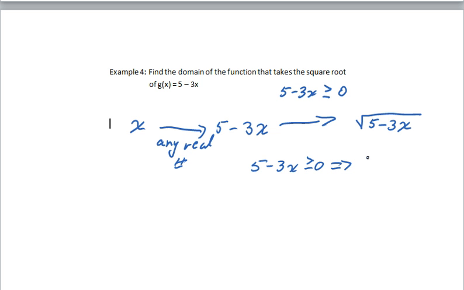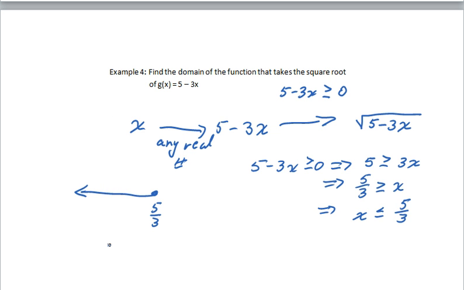So this will give us 5 is greater than or equal to 3x, which in turn gives us 5/3 is greater than or equal to x, which is equivalent to x is less than or equal to 5/3. And so on the number line, this time, we locate 5/3, and x will be all values to the left.